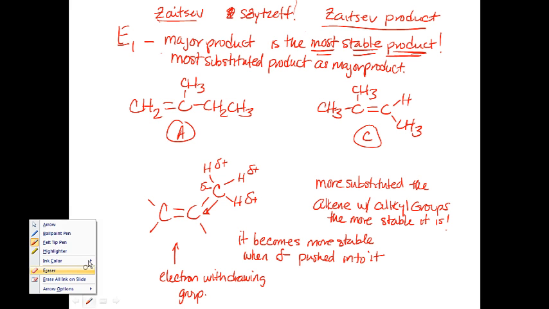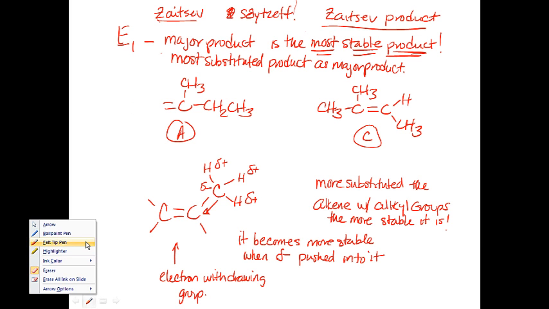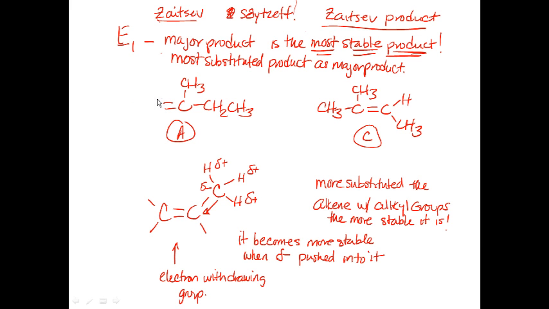I'm going to use my eraser here because I'm going to take this carbon that was in the double bond, and I'm going to add, that was a CH2, so there's two hydrogens here. So how many alkyl groups are attached to carbon A, or to product A? Well, I got a hydrogen, a methyl, and an ethyl. So therefore I have two alkyl groups attached to the double bond.